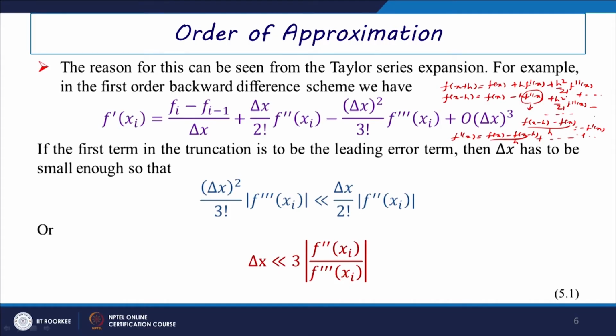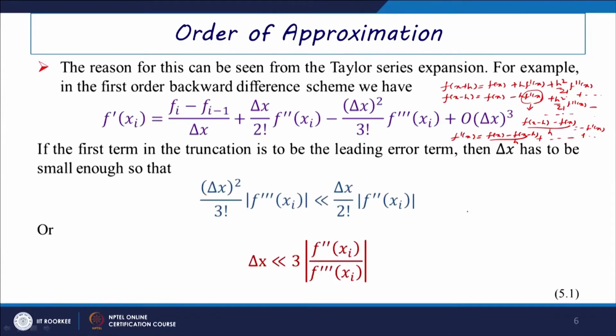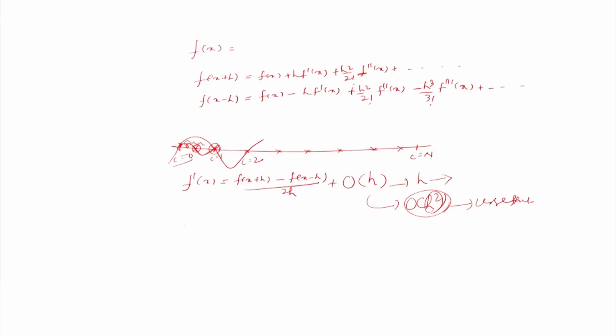And especially for this case, if we are considering the grid, suppose the starting point is here, and then we have x0, x1, x2, x3 up to xn as the last point, then we can say that this difference can be defined at a particular point.